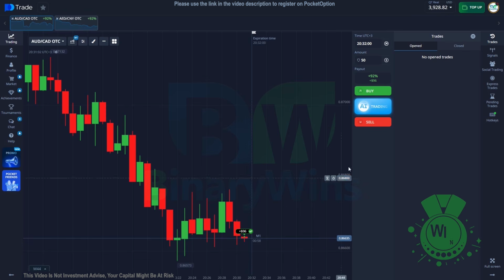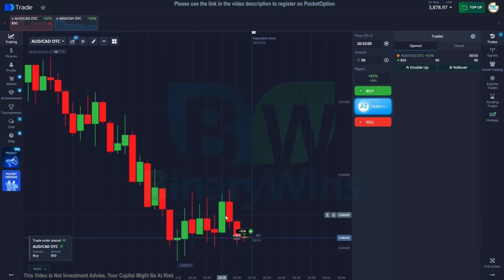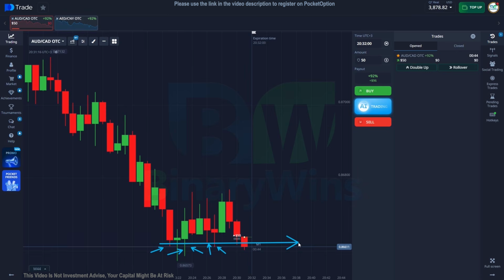Okay, we are now at the support level, considering that candles have received pressure and rejection from this level many times in the past. So we have an important and powerful level here. That's why I entered the higher trade.